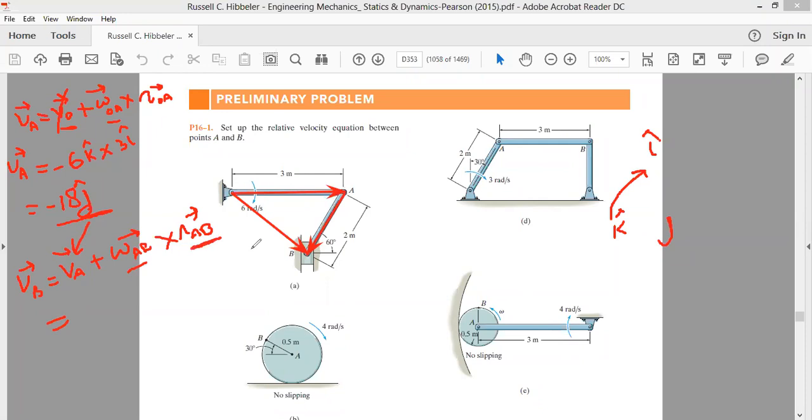As far as this RAB vector is concerned, you can resolve it. Now this is angle 60, therefore this angle has to be 60 as well. These are corresponding angles. Therefore you can resolve this RAB into two components. It will have one component in this direction, and another component in this direction.